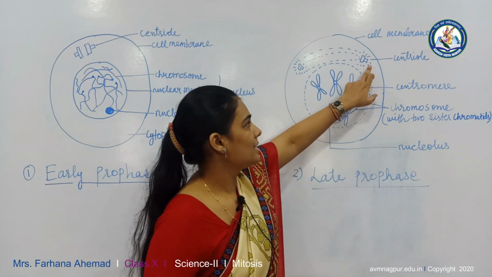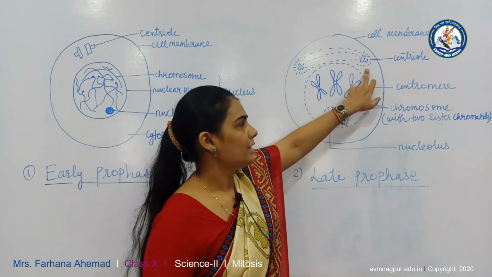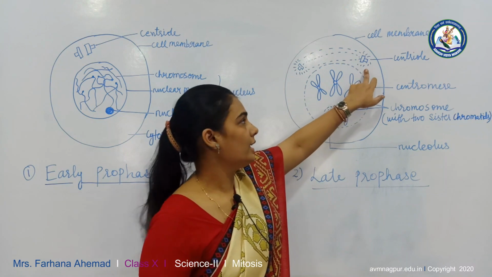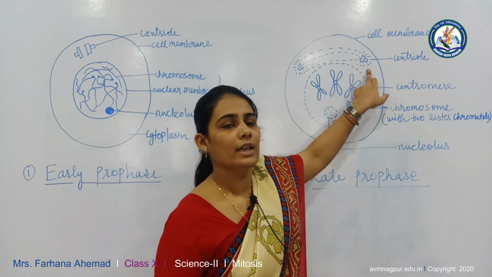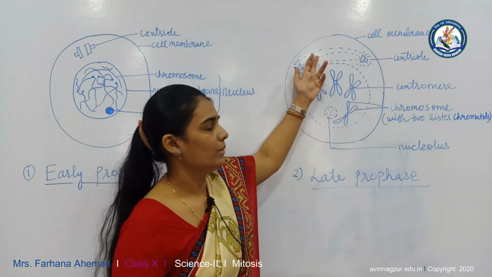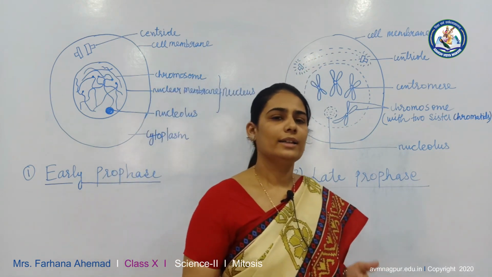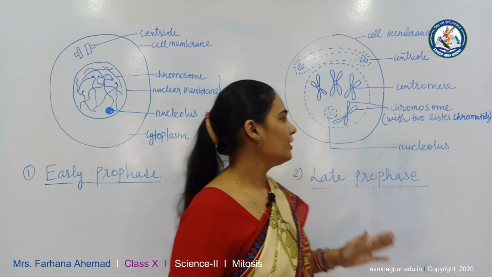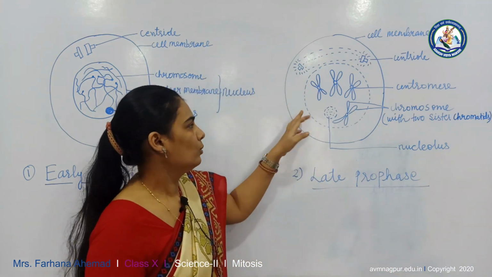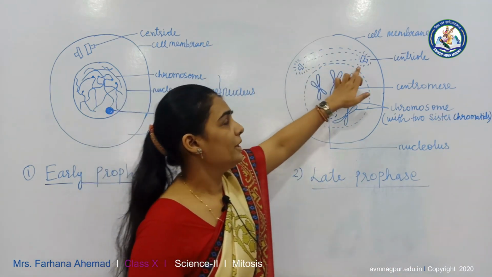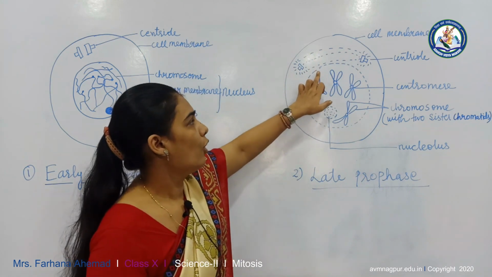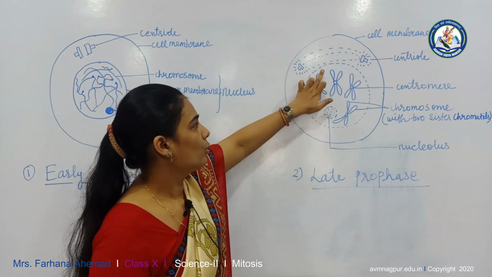These astral rays arise from the centriole, and these astral rays radiate spindle fiber. Now what do you mean by spindle fiber? Spindle fibers are a type of complex protein which helps to pull the chromosome. Now the spindle fiber is formed in late prophase.